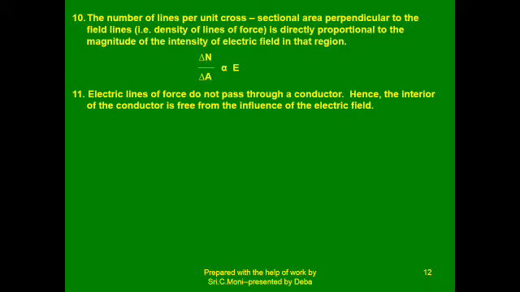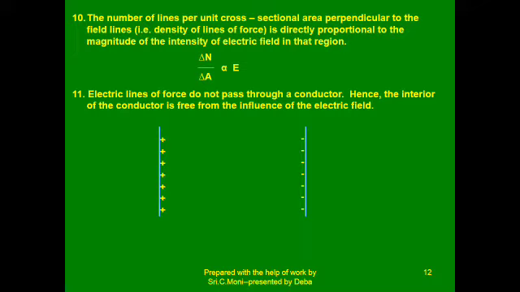Here electric field lines, that is lines of force, cannot pass through a conductor. Just in the previous slide we gave some hint, as the interior of the conductor is free from influence of electric field. So there are a pair of electrified charged bodies, like say positive and negative charge plates.